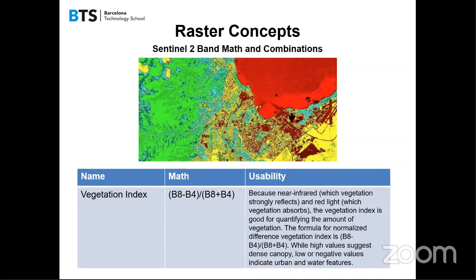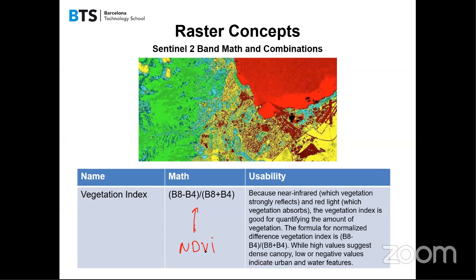And then we have proper band math combinations in which we apply some algorithm, basically indexes, to our bands. One of the most widely used ones is NDVI, which, if you are a bit curious about remote sensing, you might know has been around for quite a while.